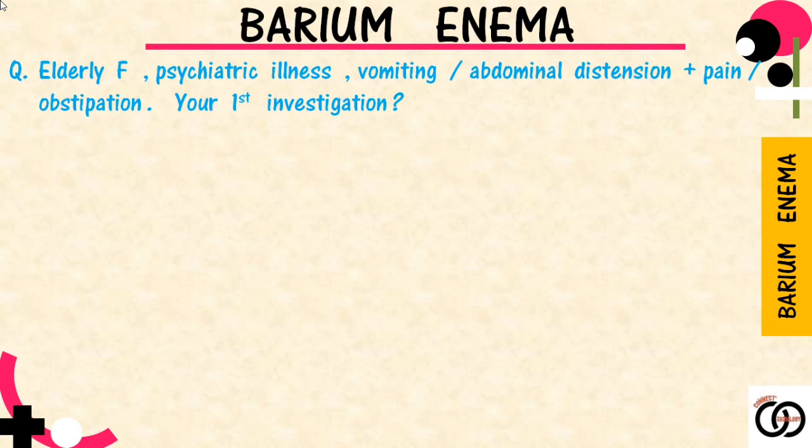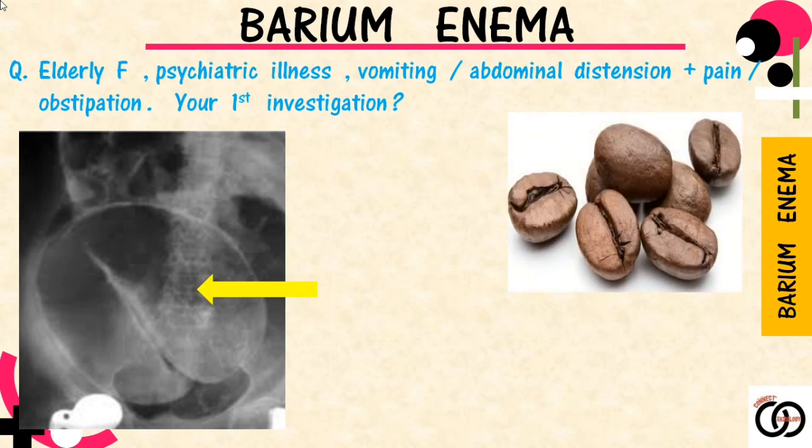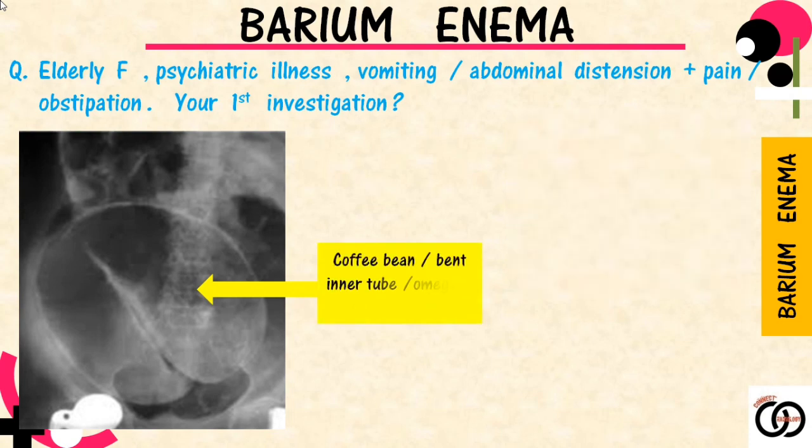Now, see this picture. This is not a barium film. You can't see any contrast here. This is a plain X-ray abdomen. Can you see a coffee bean there? This is known as the coffee bean sign or omega sign or bent inner tube sign or tire tube sign. I know you must have guessed the diagnosis. Yes, that's sigmoid volvulus.